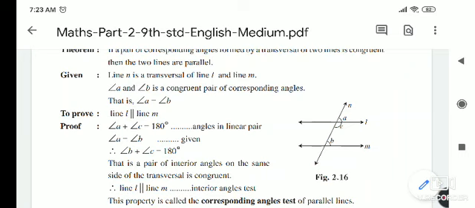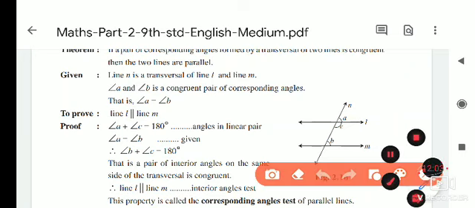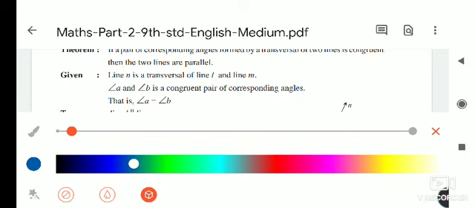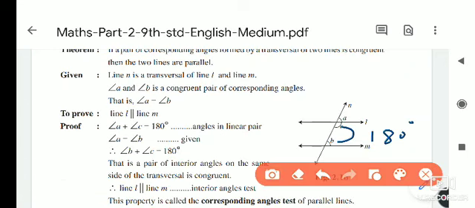Now if you see here, B and C again are interior angles, and as we know the interior angles test: if the sum of interior angles formed by a transversal on one side of the transversal is supplementary, meaning 180 degrees, then the given lines are parallel to each other.